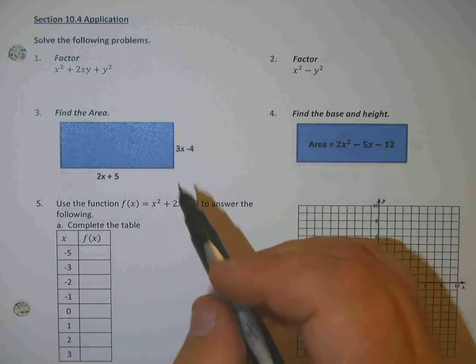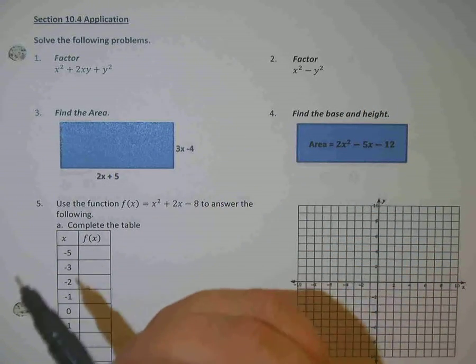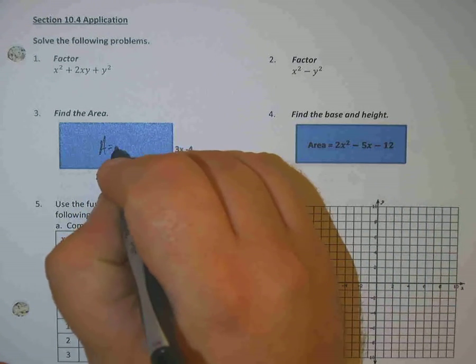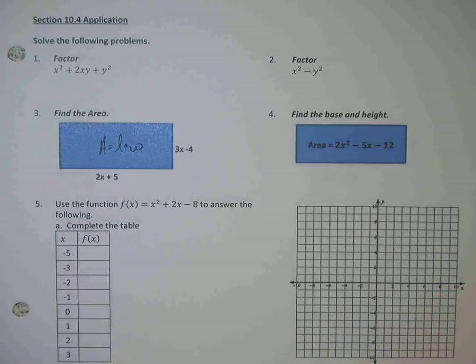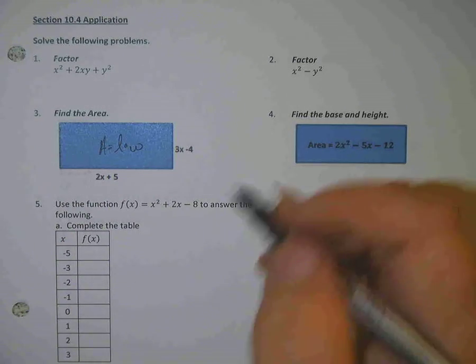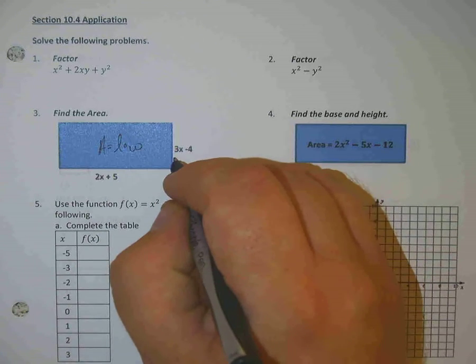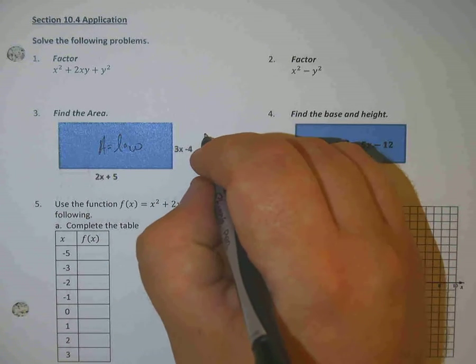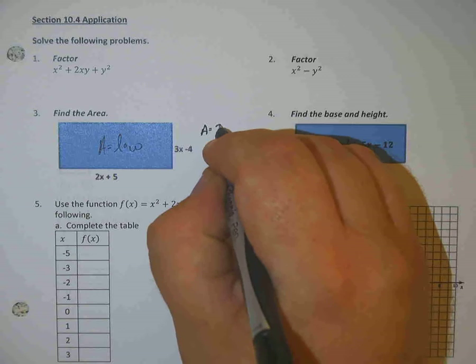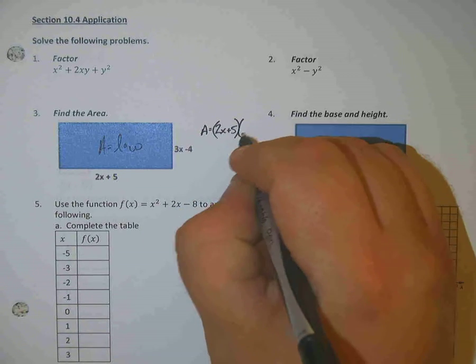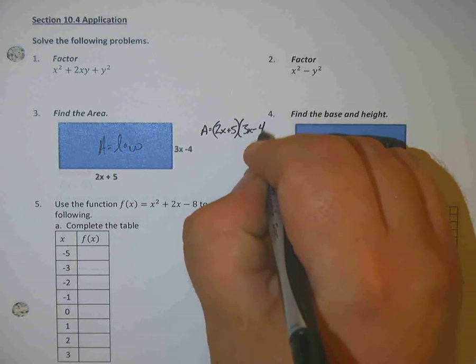In number 3, we are finding the area. Well, area is just length times width. If I look for length times width here, I'm probably going to go 2x plus 5 times 3x minus 4. So I'm just going to say 2x plus 5, 3x minus 4.